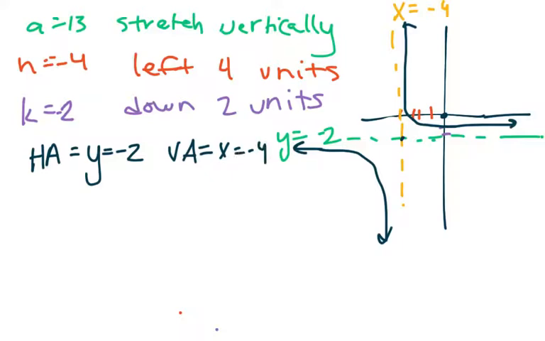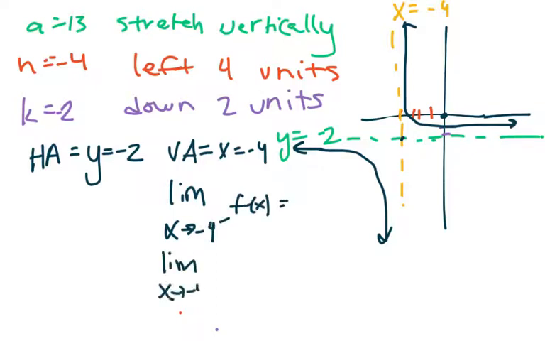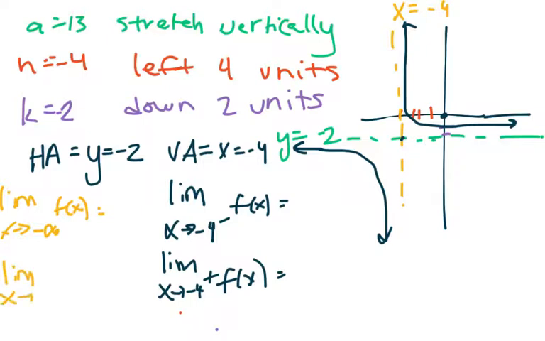For the vertical asymptote, the limit as x approaches negative 4 from the left, and the limit as x approaches negative 4 from the right. And then for our horizontal asymptote, the limit as x approaches negative infinity, and the limit as x approaches positive infinity.